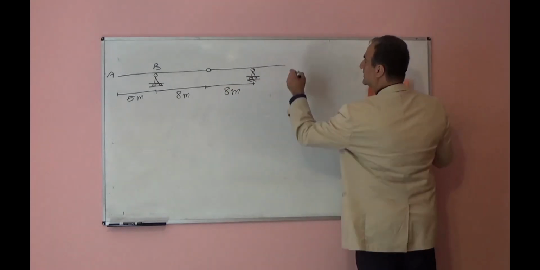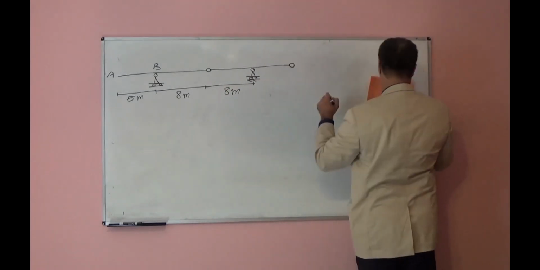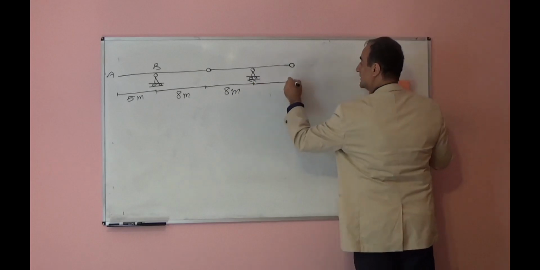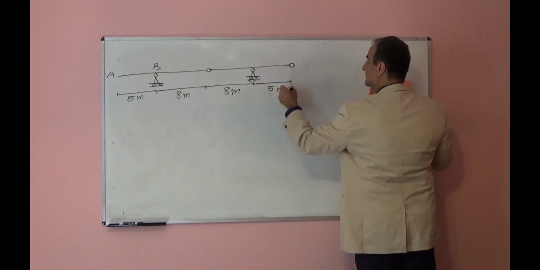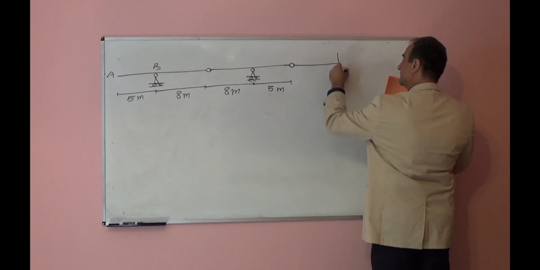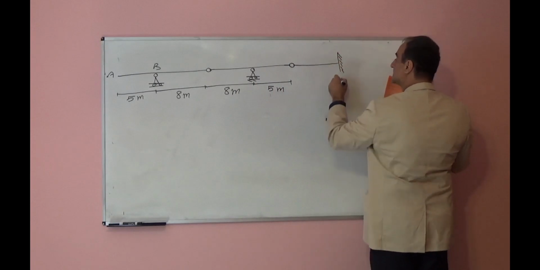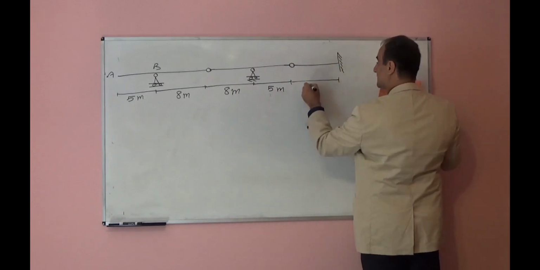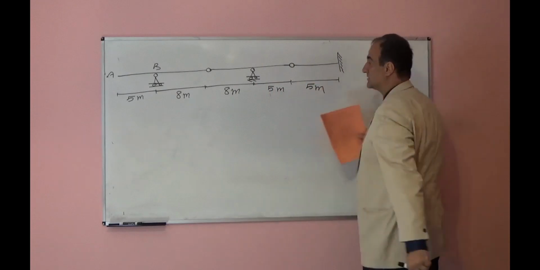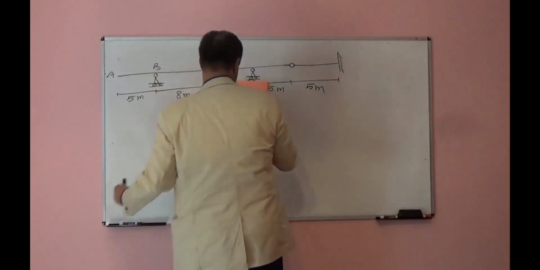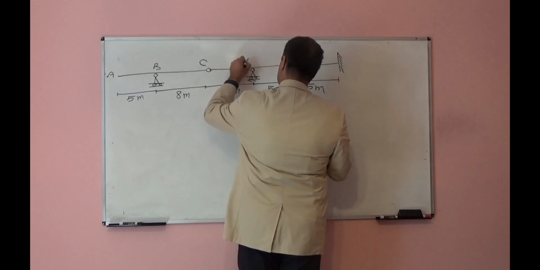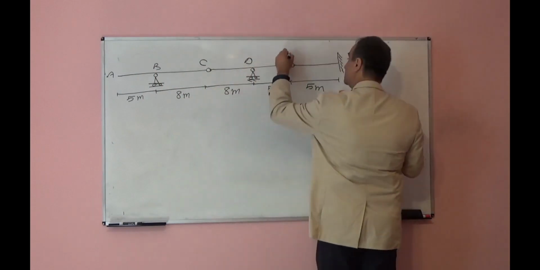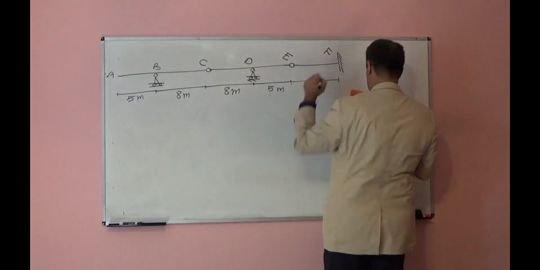Here we have another hinge from here to here, 5 meters, and the last part, it is like a cantilever beam, this is 5 meters. So A, B, C, D, E, F.